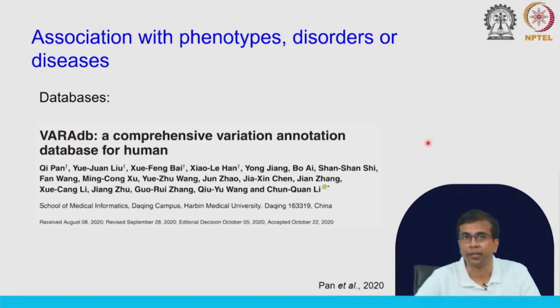For example, this is one database with comprehensive variation annotation. It is not just clinical annotation. It also contains regulatory information, whether this variant is associated with certain gene regulation changes, whether there is some change in transcription factor binding. All this information can now be combined and put into the database.